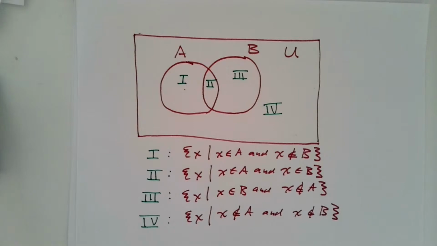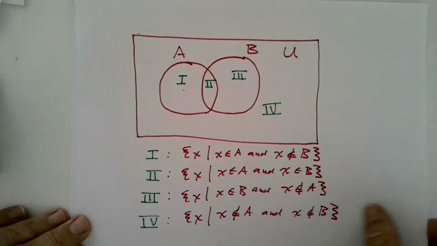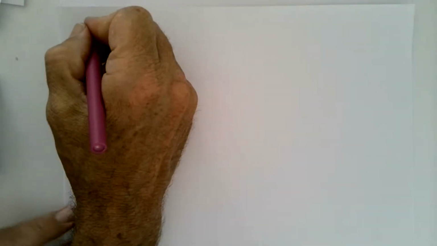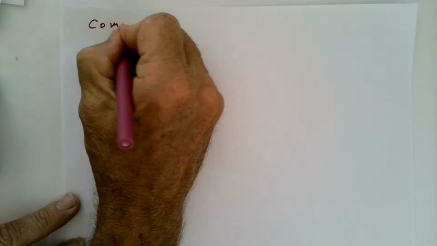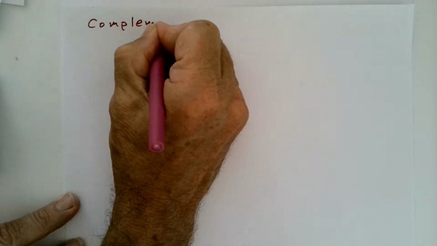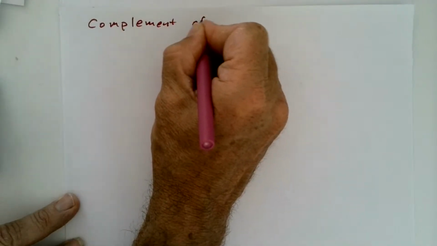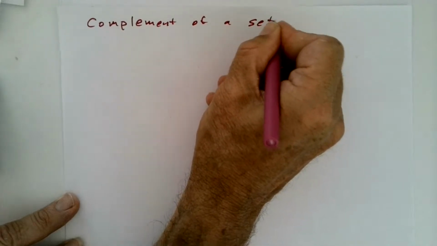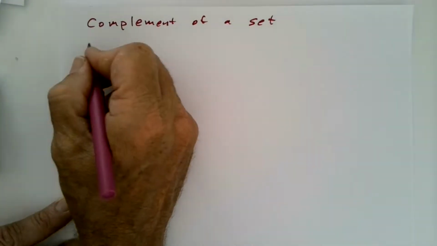So let's go ahead and make a couple more definitions here about these various sets. So let me go ahead and introduce this concept of the complement of a set. So this time we're going to give our universal set.